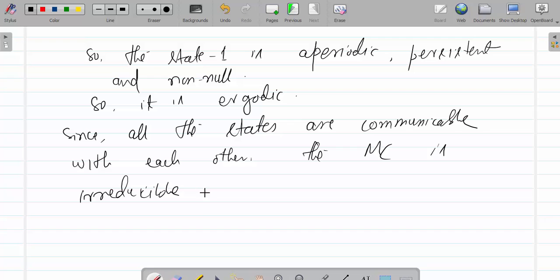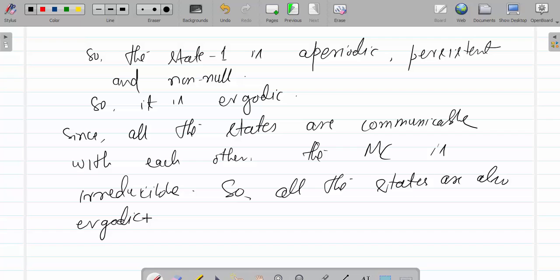And as we know, in an irreducible Markov chain all the states belong to the same class. So all the states are also ergodic.